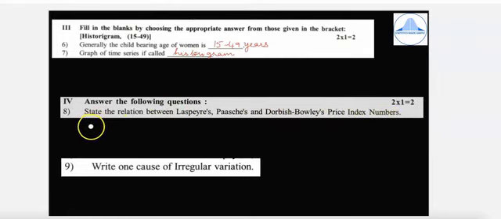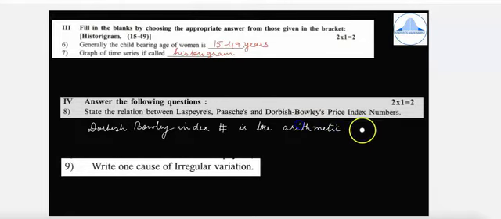So the answer is Dorbish-Bowley index number is the arithmetic mean of Laspeyres and Paasche price index numbers.